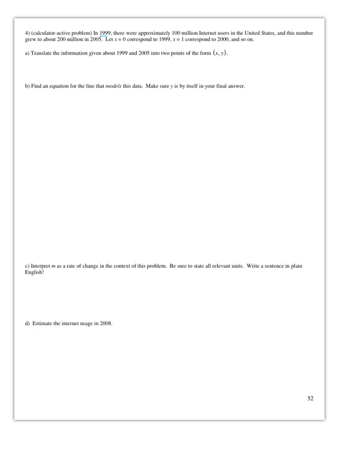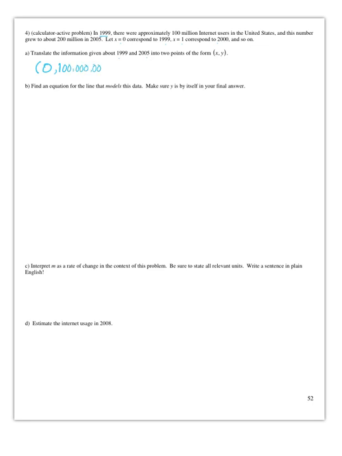So number 4 says that in 1999 there are approximately 100 million internet users in the United States, and this number grew to 200 million in 2005. We're going to let x equal 0. So in other words, in 1999, we're going to say let that be time 0. We're going to call that 0, and there's 100 million internet users.